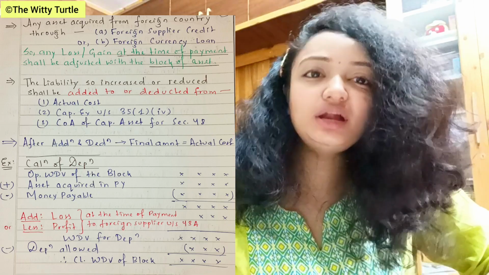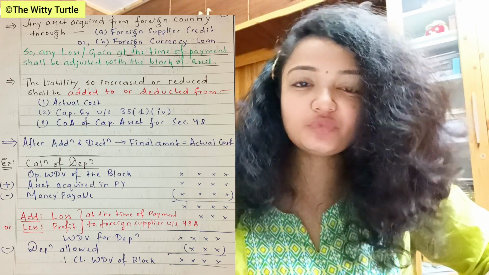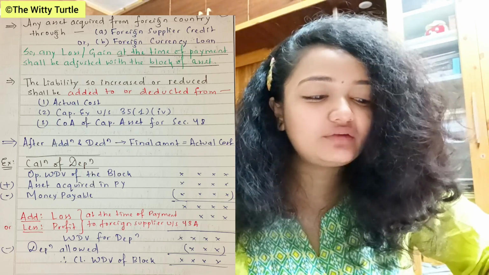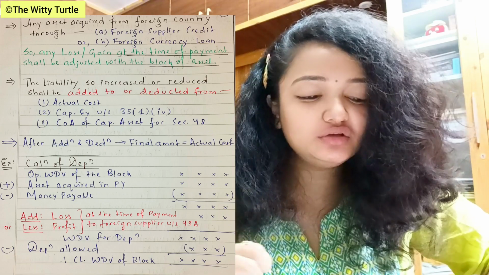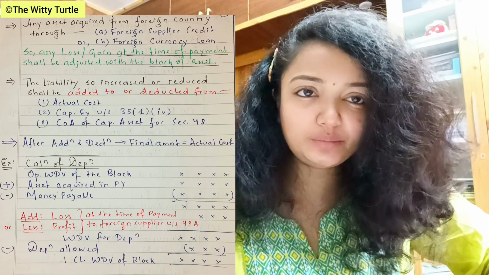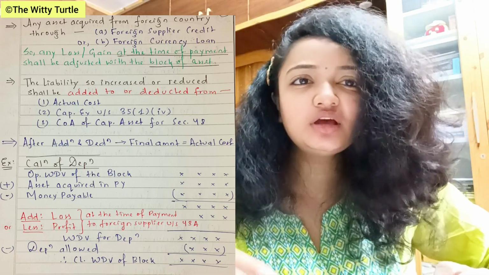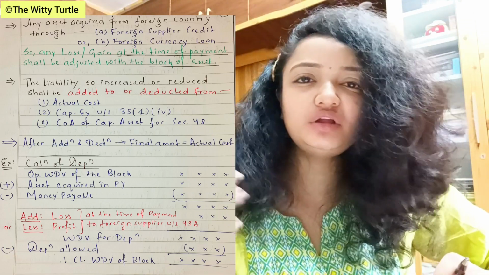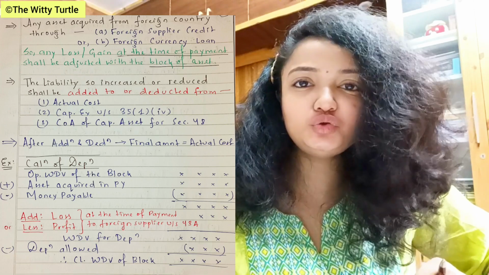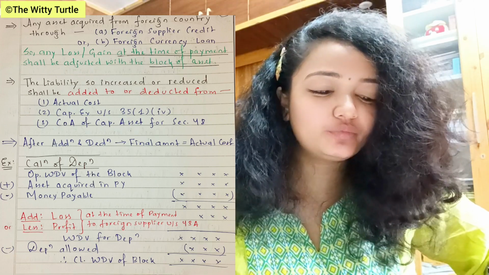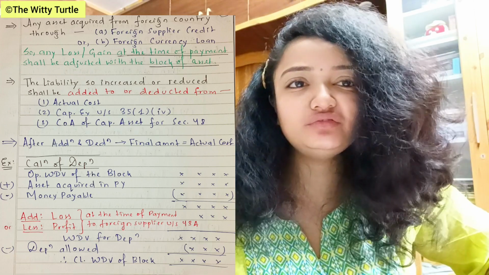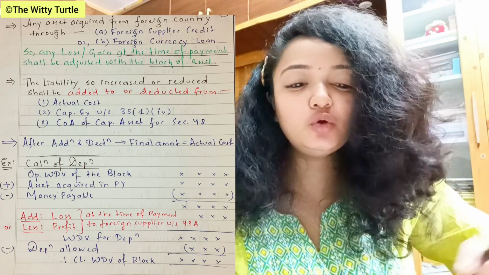So you have to deduct it from the actual cost, right? So after doing this addition and deduction, finally you will get WDV for depreciation, and on that you can calculate depreciation at full rate or half rate according to the period put to use, right? Now after that you will get the closing WDV of the block, right? I hope this is clear.